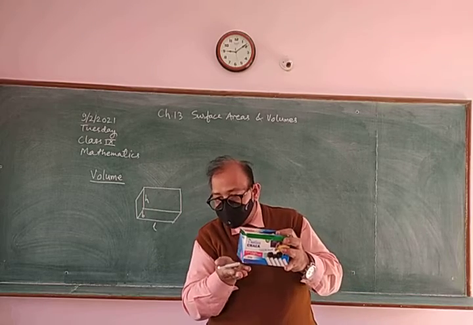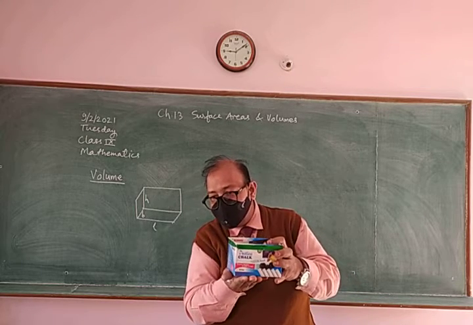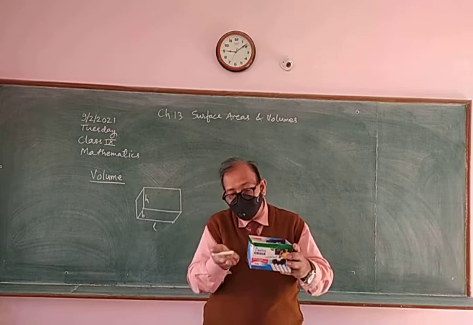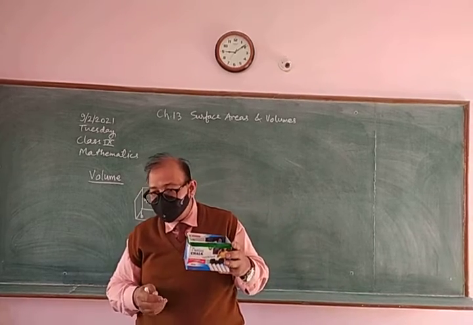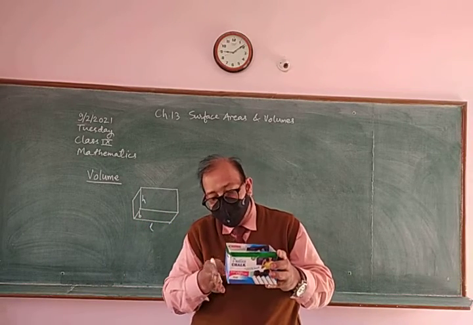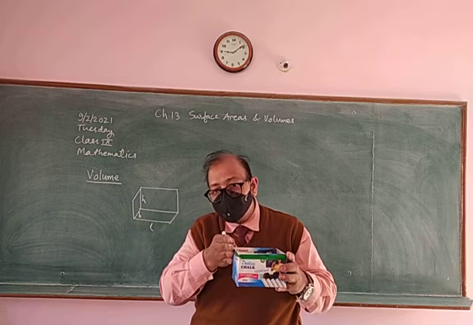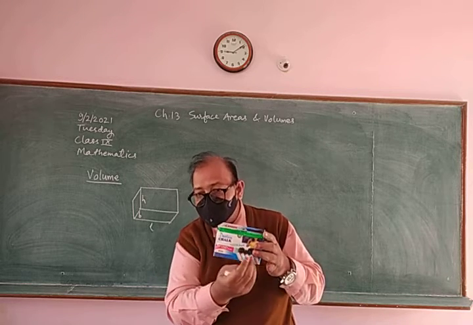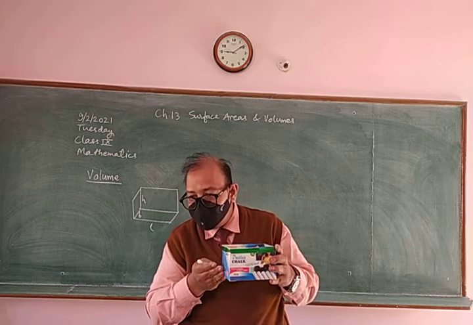So this is the base area. Now how many slices do we have? We have many slices. Each slice covers some part. How much space is covered by this figure is called its volume.